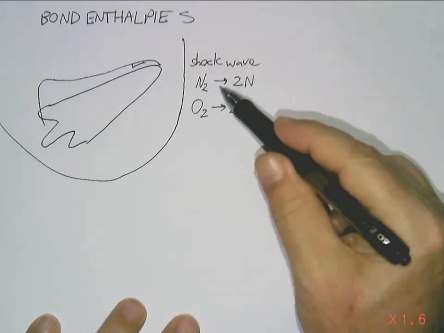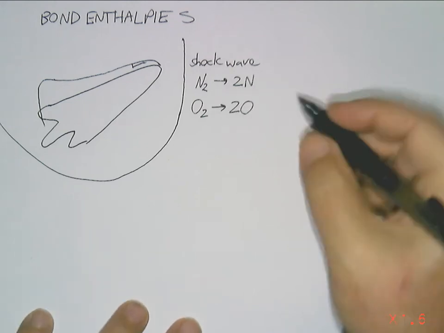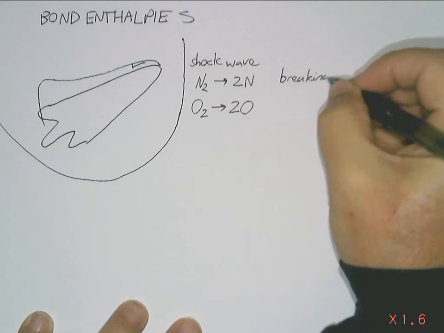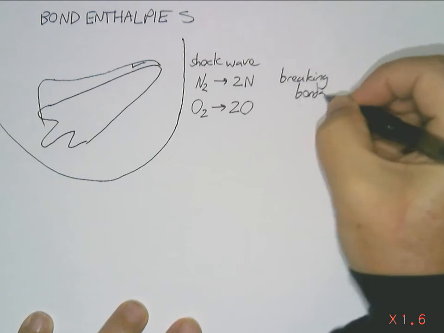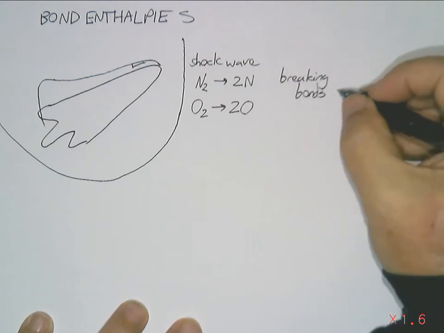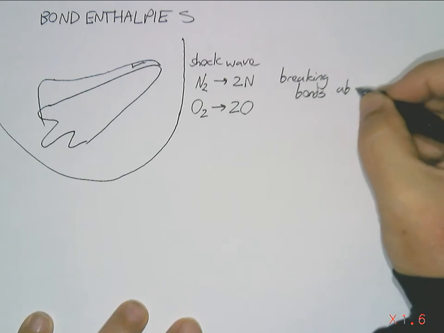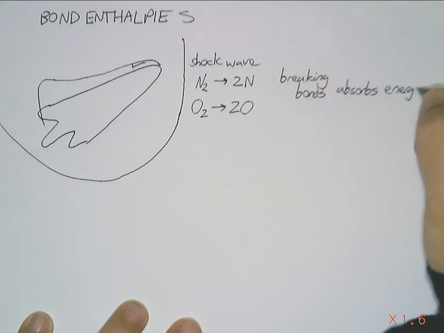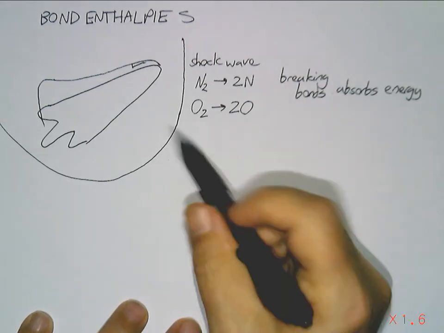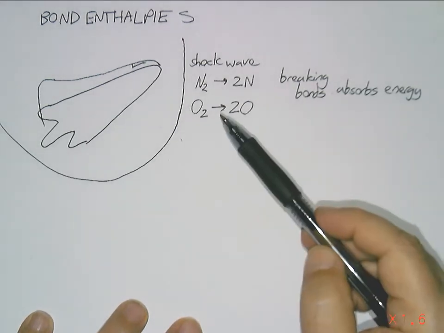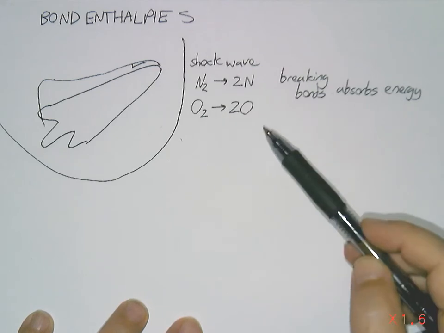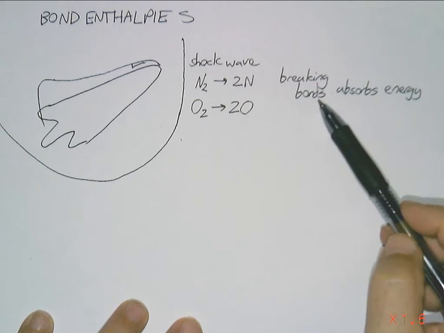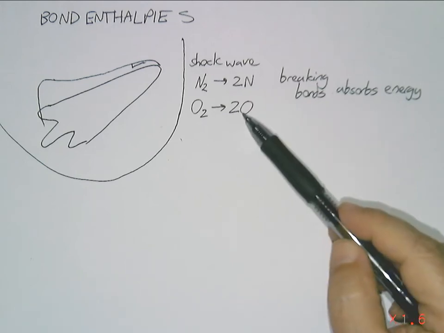Now, these processes involve breaking bonds, and these absorb energy, so some of the kinetic energy of the spacecraft disappears because it's driving these reactions. It's breaking these bonds, which require energy and absorbs some of the kinetic energy.